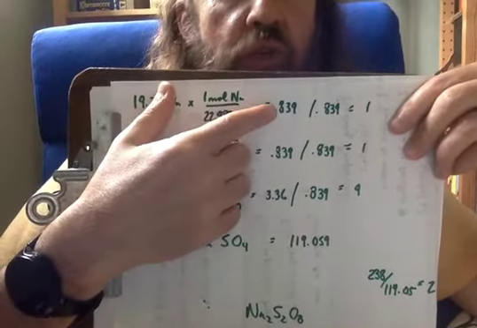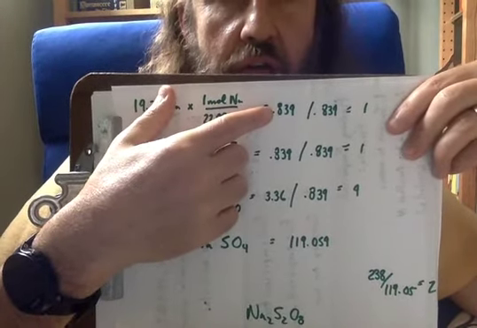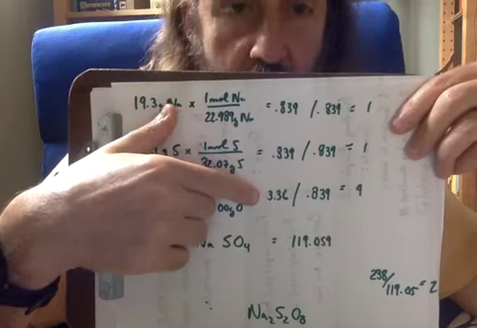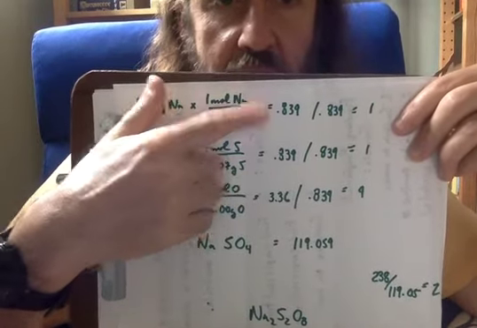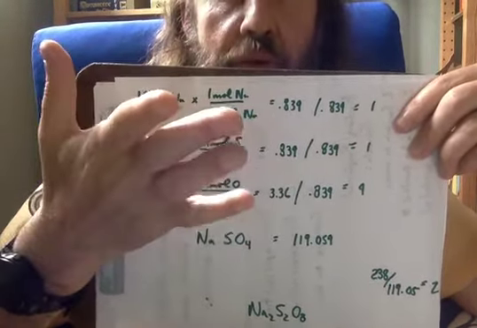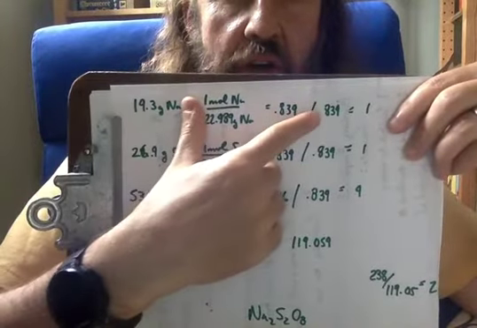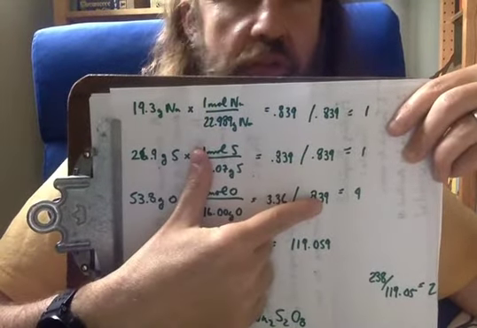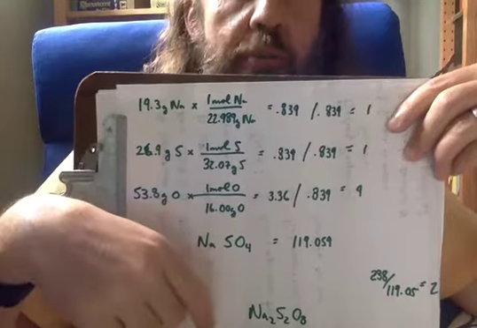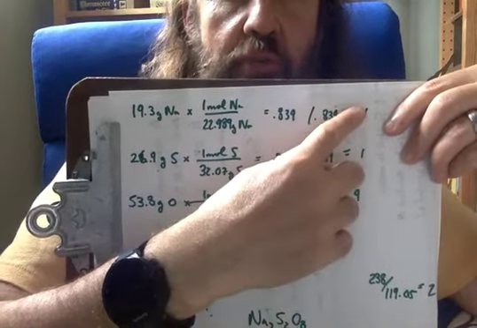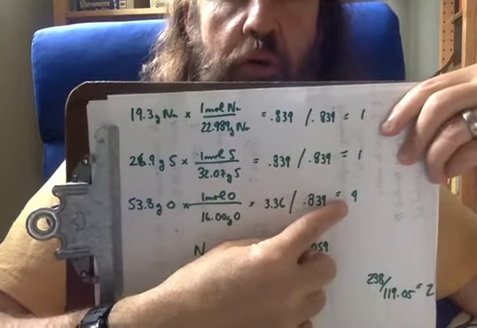That gives me 2 answers of 0.839, and 1 answer of 3.36. Obviously, the 0.839 is the smallest, so I divide everything by 0.839. This one works out perfect. It gives me a 1, a 1, and a 4.